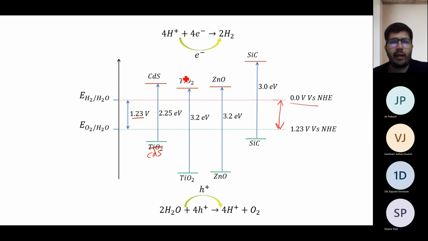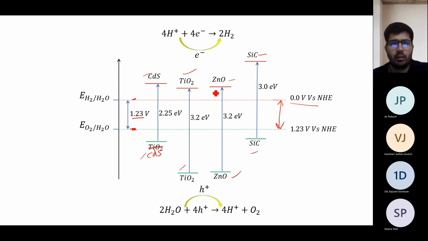You can see that titanium oxide is here, and zinc oxide is also here, and silicon carbide, and this CdS, cadmium sulfide. Okay, so these all four materials are fulfilling the condition. The conduction band is above this value, and the valence band is below this value. These all four materials can take part in the photochemical reactions.